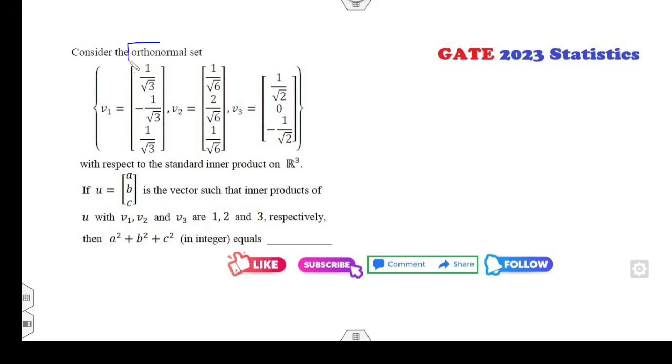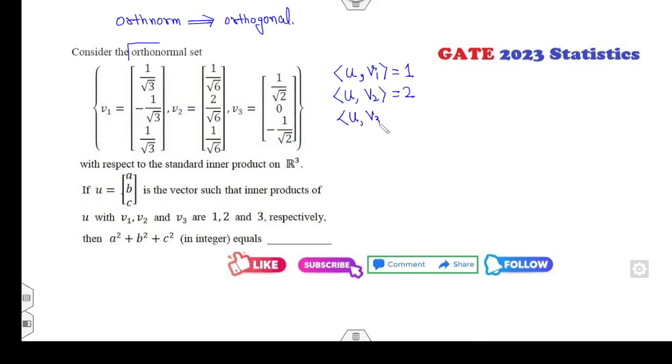Consider the orthonormal. Fine. Always remember, orthonormal implies orthogonal. Given that the vector u is such that the inner product of u with v1 is 1, inner product of u with v2 is 2, inner product of u with v3 is 3.